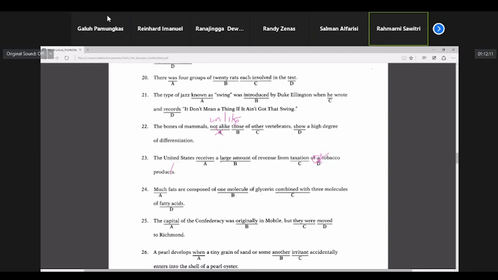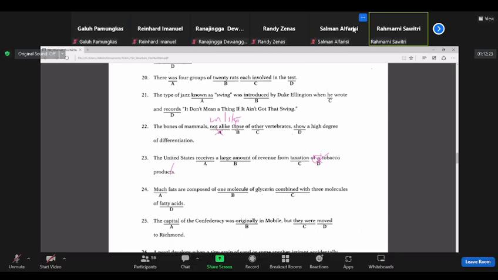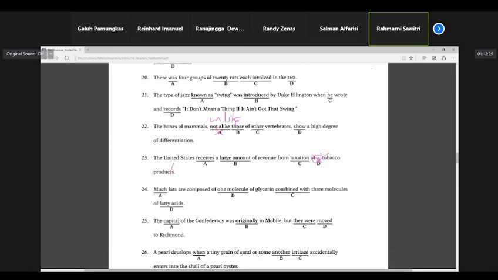Now let's see 24. For 24 we have Septi Mutiara. A. Much fats are composed of one molecule of glycerin combined with 3 molecules of fatty acids. Okay, the incorrect one is A. Here we have "much." Much is commonly followed by an uncountable noun.